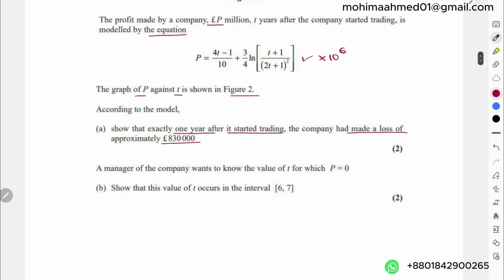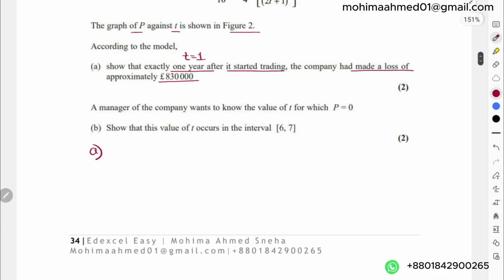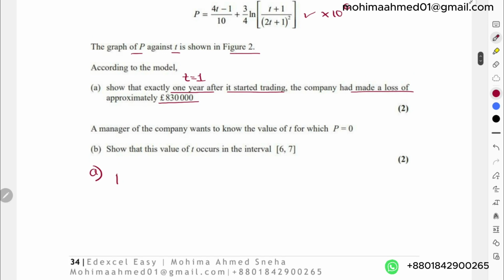So after 1 year means that the value for time T is 1. For part A, we're just going to calculate P. It is just going to be 4 times (1 minus 1) divided by 10, then plus 3 over 4 ln of ((1 plus 1) divided by (2 times 1 plus 1) whole squared), and everything in a bracket again.